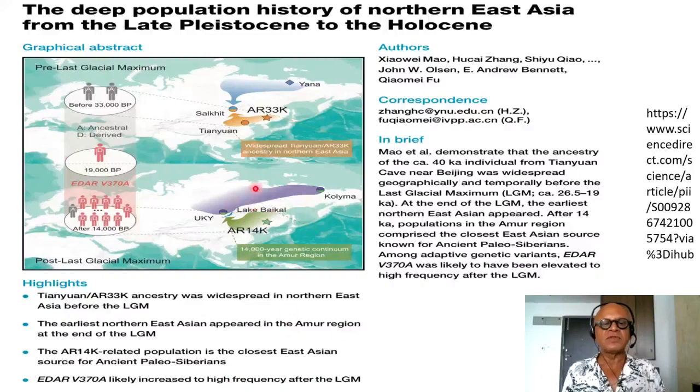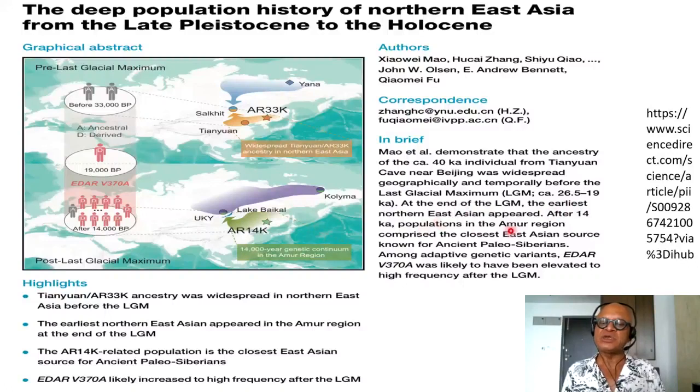Okay, so that is some other site here. So this in brief says they demonstrate that the ancestry of the circa 40 kiloyear individual from Tianyuan Cave near Beijing was widespread geographically and temporally before the last glacial maximum, so 26.5 to 19 kiloyears.